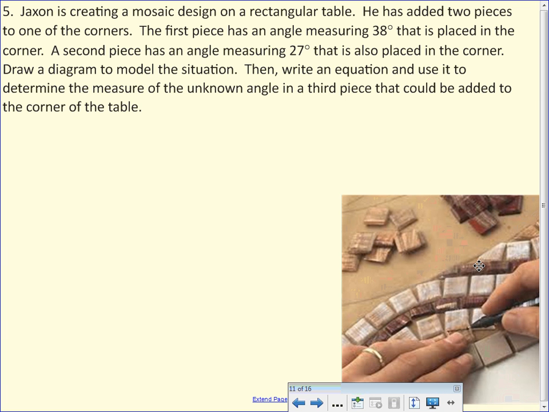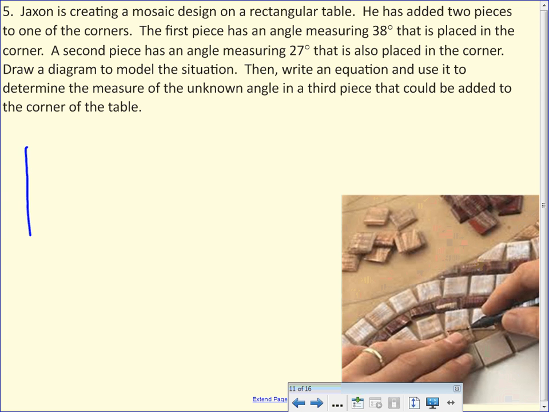The first piece has an angle measuring 38 degrees that is placed in the corner. The second piece has an angle measuring 27 degrees that is also placed on the corner. Draw a diagram to model the situation, then write an equation and use it to determine the measure of the unknown angle in the third piece that could be added to the corner of the table.